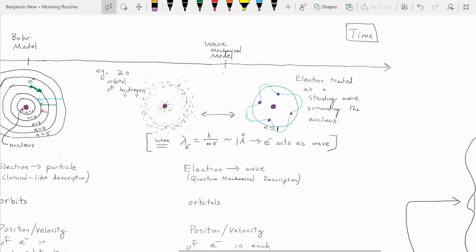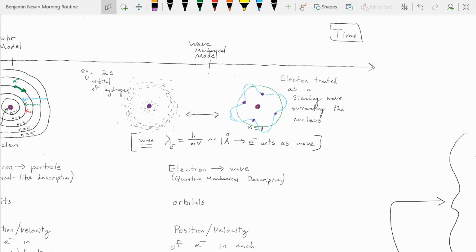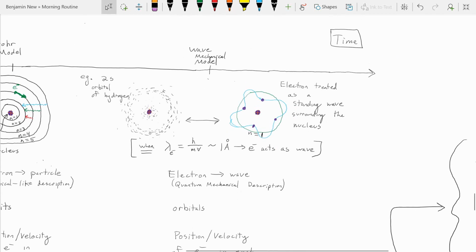If you do that calculation for, let's say, the n equals 1 level from the Bohr type model, you're going to get something, and this isn't exact, on the order of the size of an atom, 1 angstrom, which is 10 to the minus 10 meters.